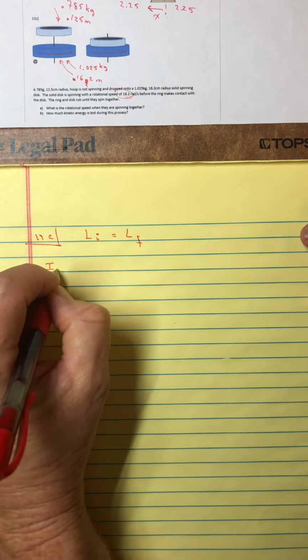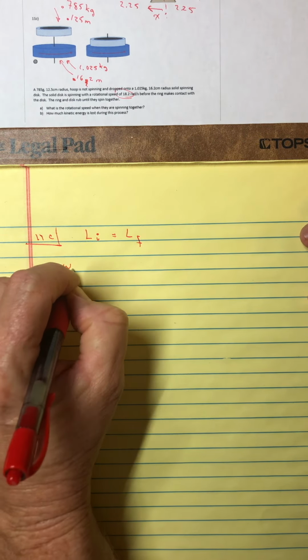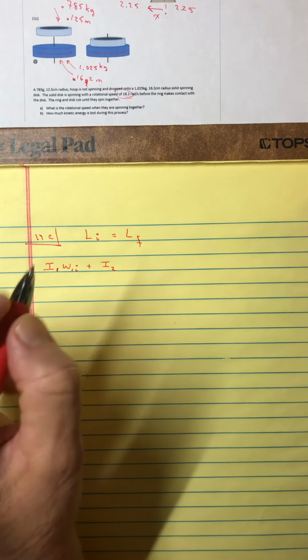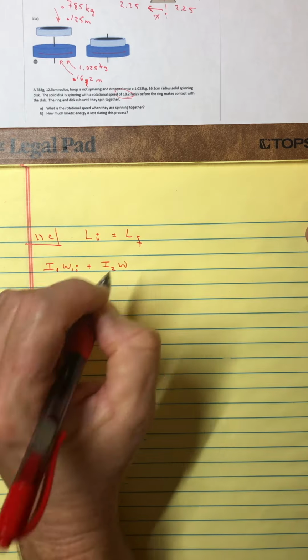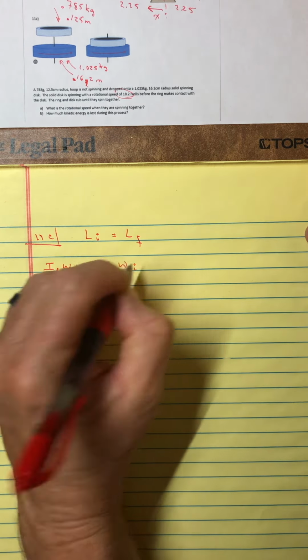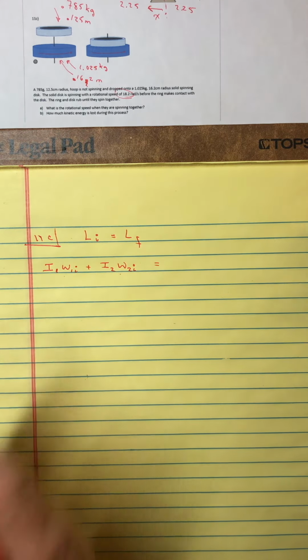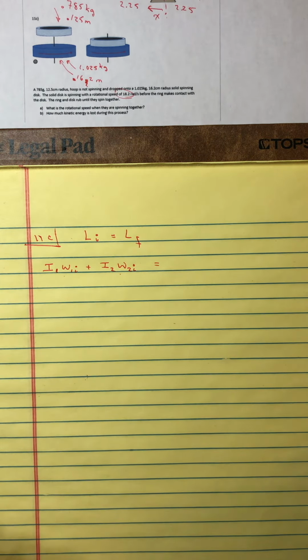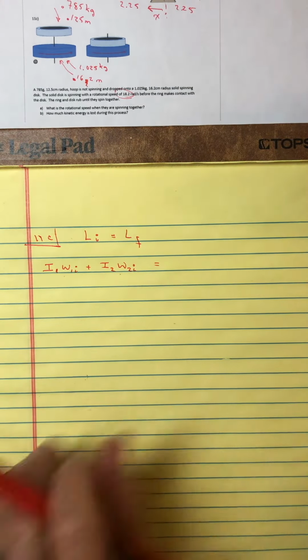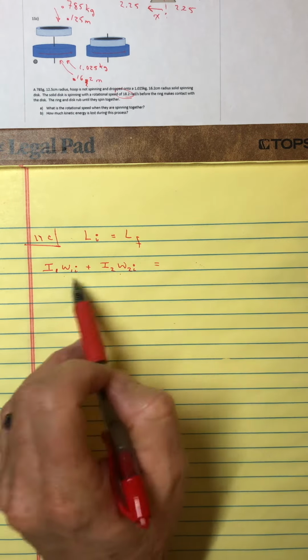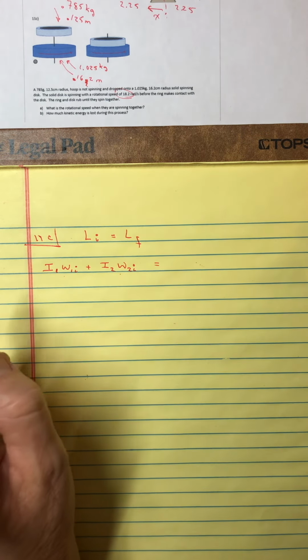So if you take the first object and then the initial speed of the first object, and then the second object times the initial speed of the second object, this right here would be the total angular momentum, and since it is conserved, it's going to be the same on the other side. So more on that in a second, but let's do this.